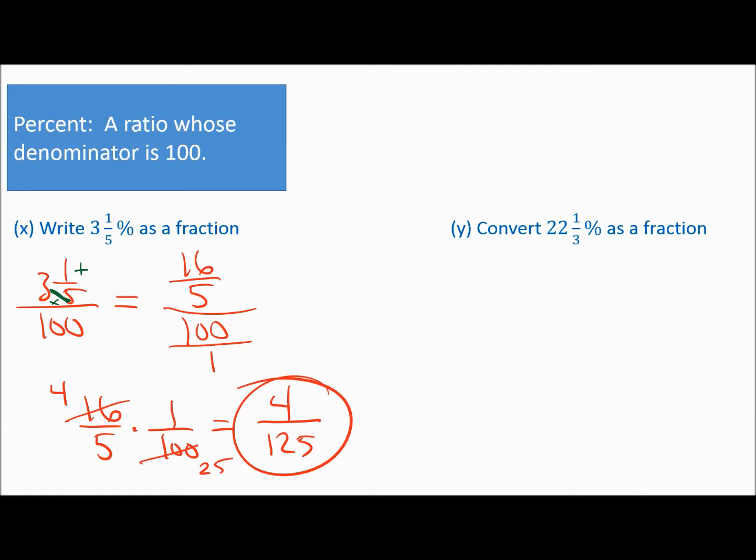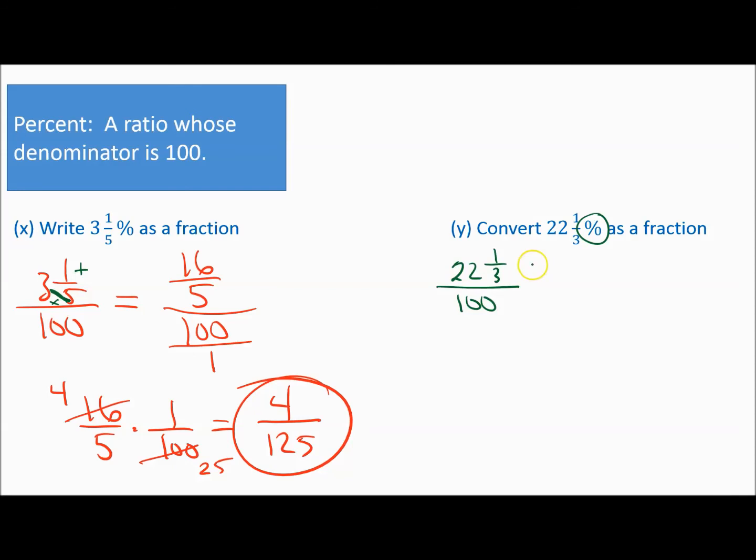So how'd that one go? Did you get 22 1/3% written as a fraction okay? So remember what percent means. All that means is out of 100. So 22 1/3 over 100. That's the easy part. My problem is 22 1/3 divided by 100.